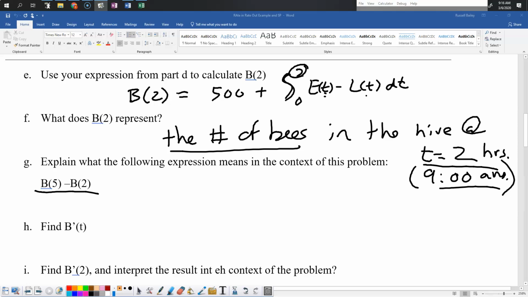I think I know how you got that, but that's not it. But I'll still give you a point for trying it out. Matter of fact, I'll give you one for the last one anyway. Anybody else want to take a crack at it? Yeah? Isn't it the total number of bees in the hive at t equals 10 to t equals 2?